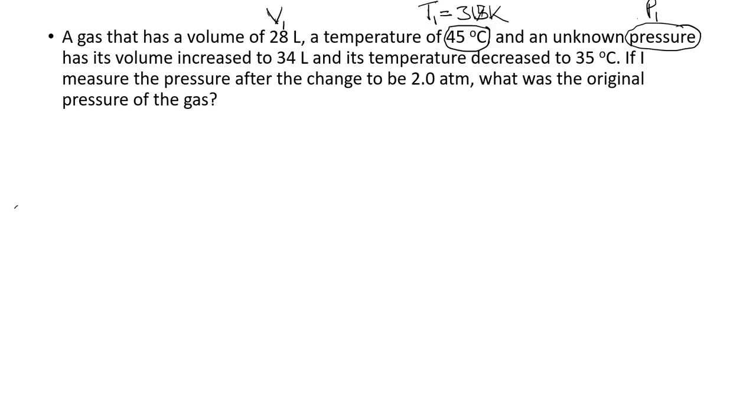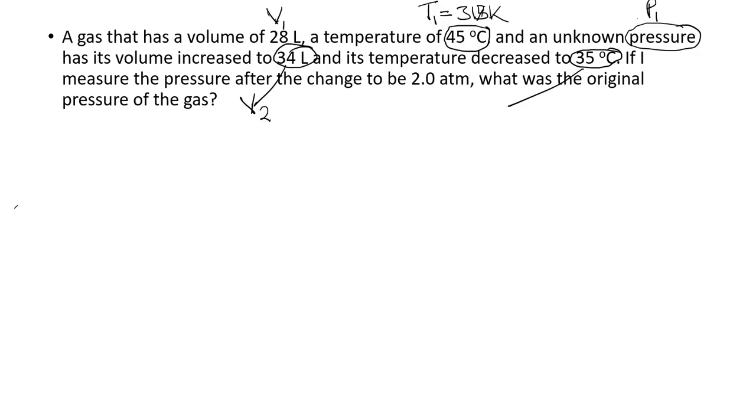Has its volume increased to 34 liters? So the 34 liters here is V2, and its temperature decreased to 35 degrees Celsius. So this temperature here, you need to change it to Kelvin.